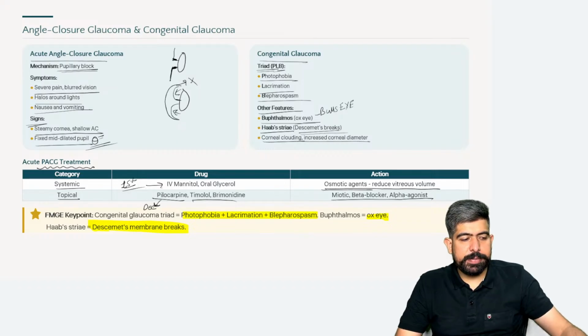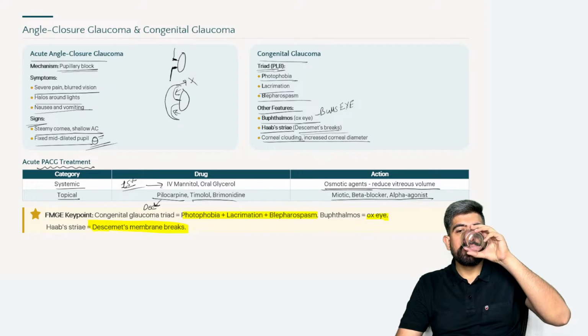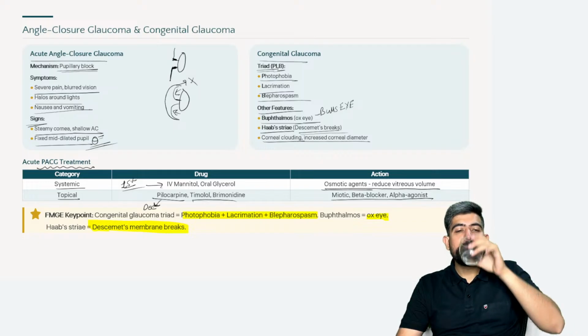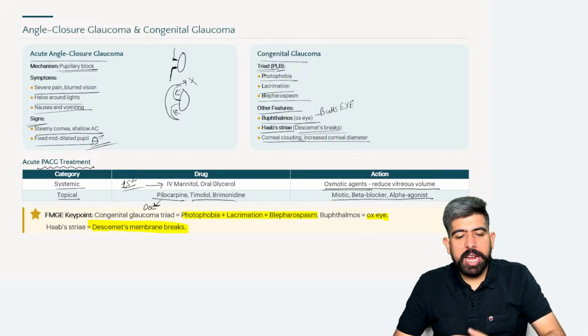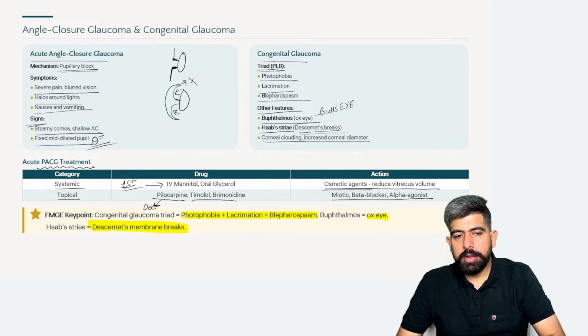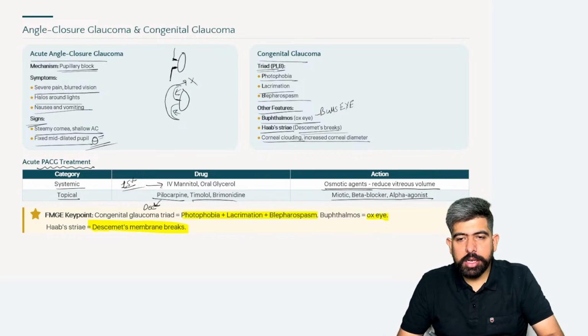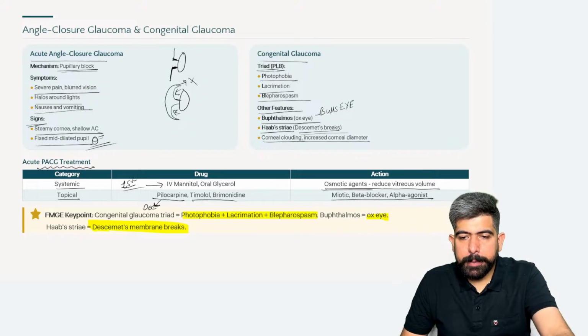Any doubts, guys, in this glaucoma topic? No? Good. Perfect.